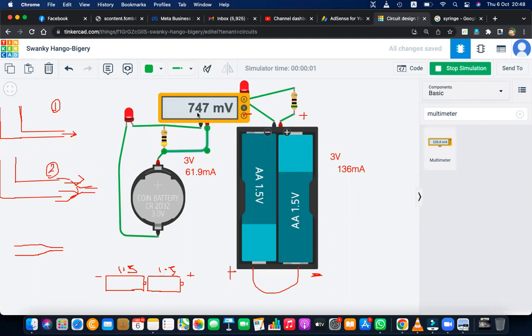So it gets 747 millivolts. If I connect this to the other side of the bulb, the cathode, you can see it gets 2.81 volts. Why? Because the bulb and resistor both get.